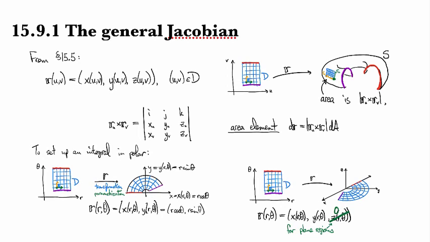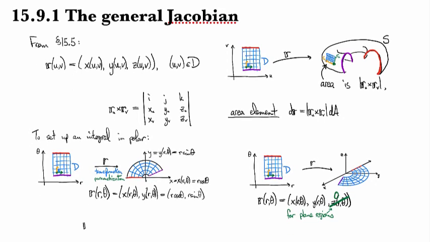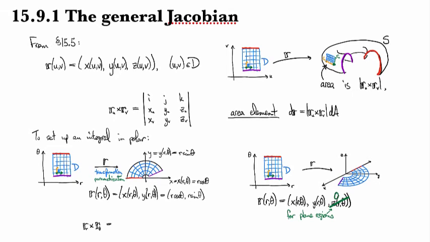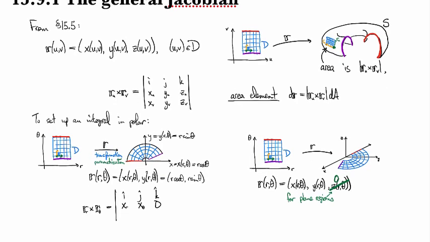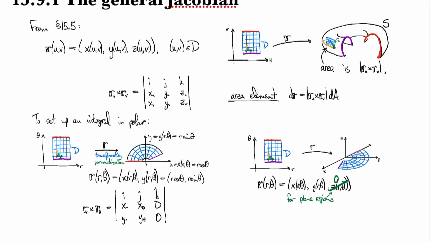So what that means is that if we look at bold r sub r cross bold r sub theta, this is going to be i, j, k vectors, and then we've got x_r, x_theta, and since these don't depend on z, there's going to be a 0 here, and then y_r, y_theta, and a 0 also for that one, because they're just mapping into the coordinate plane z equals 0.